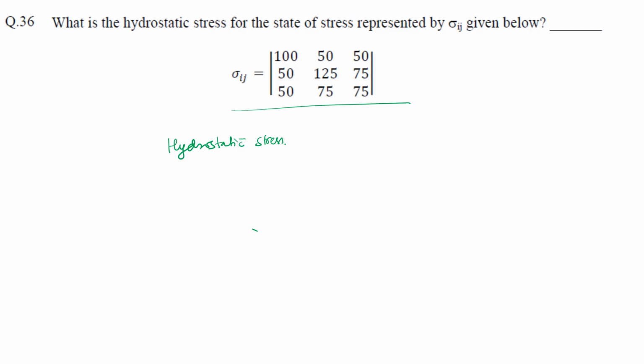Hydrostatic stress basically is, suppose a material is put into water, then at every surface the stress value is the same. Now, to calculate hydrostatic stress means what is the amount of stress.